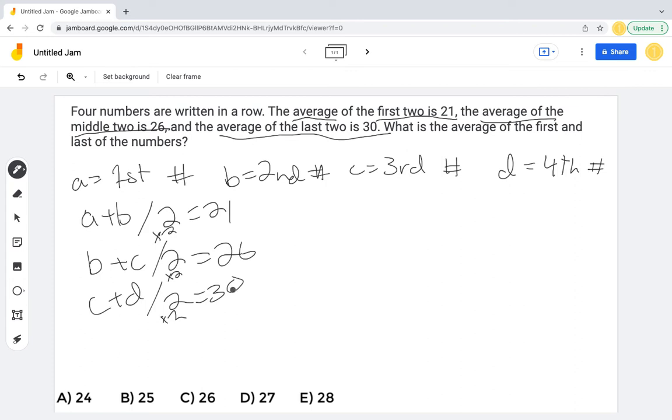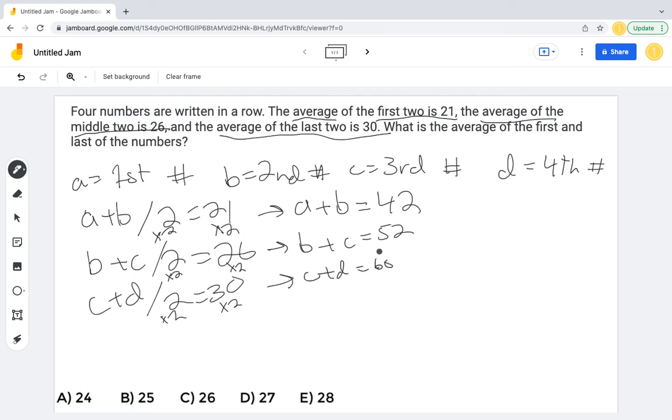But if you do something on this side, you have to do something on this side as well, so you multiply all of this by 2. So this would become A plus B is equal to 42. This would be B plus C is equal to 52. And this would be C plus D is equal to 60.